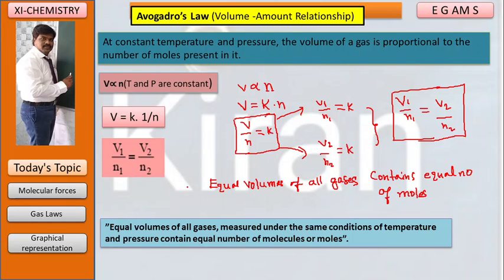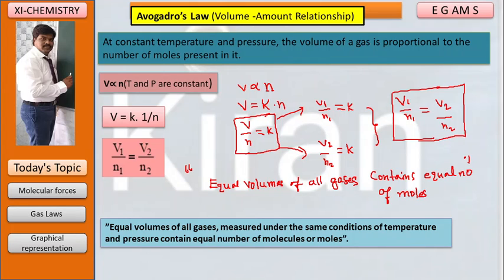This is also known as Avogadro's law. Equal number of moles means equal volume. Equal volumes of all gases contain equal number of moles at constant temperature and pressure.